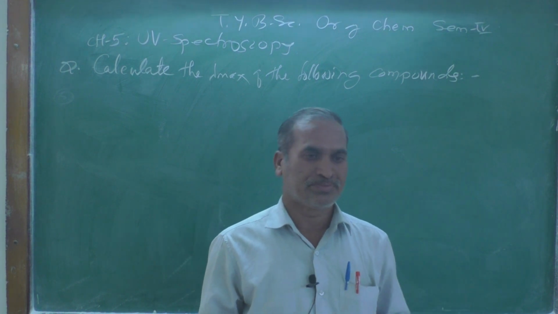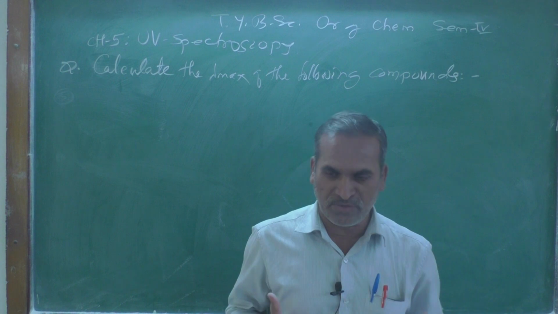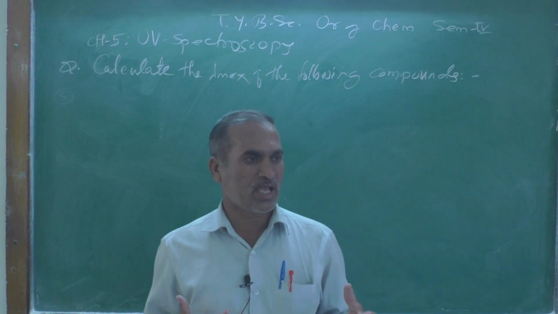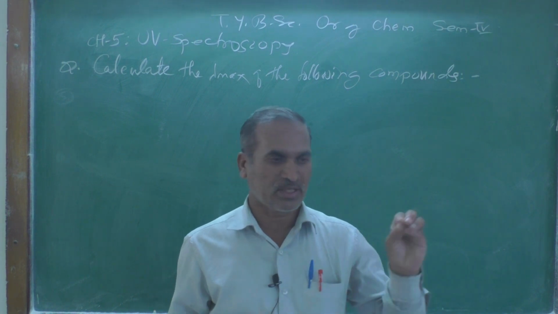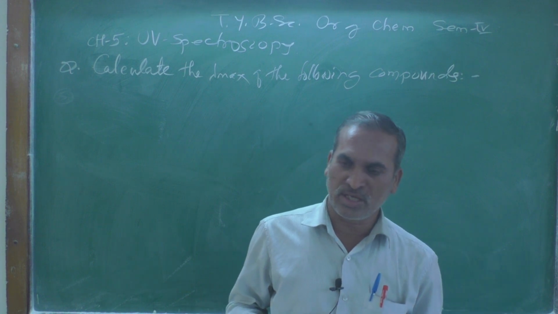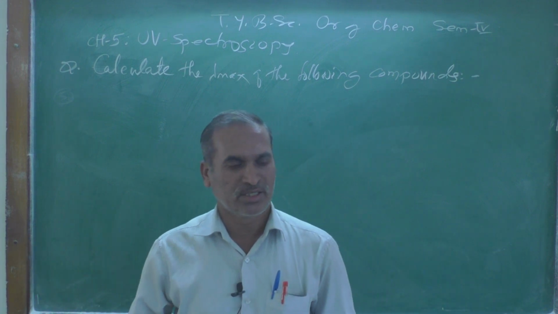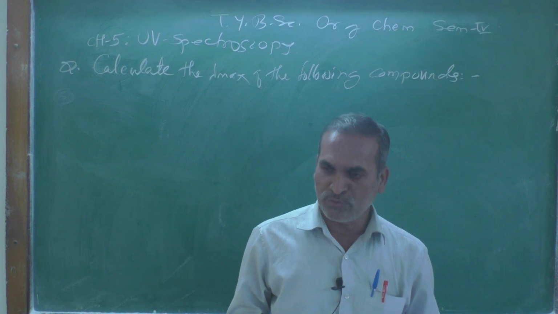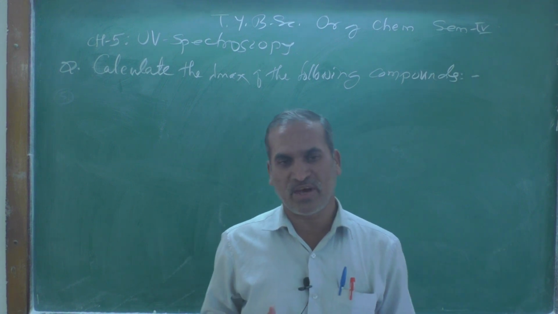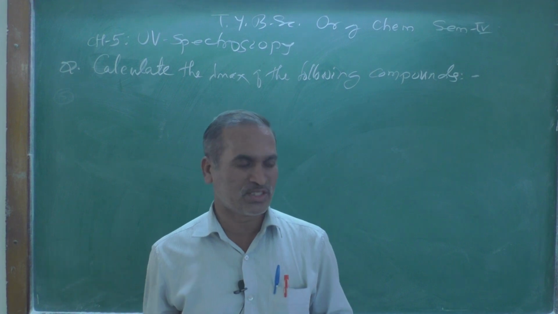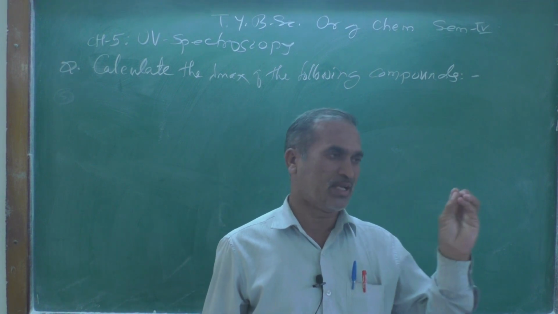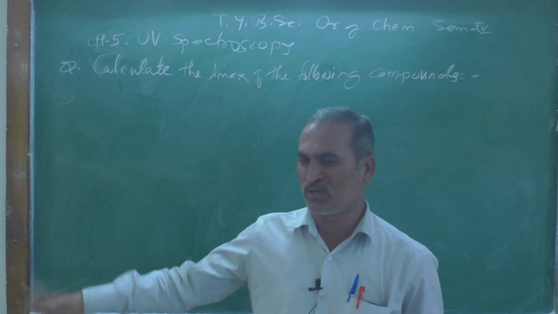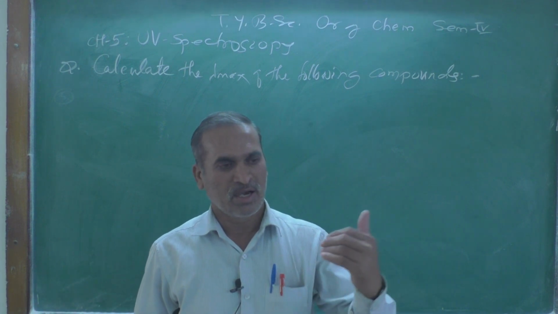And how to identify an exocyclic double bond in a diene system as well as in an unknown system. Similarly, how to identify a homoannular system present in a diene system as well as in an unknown system.